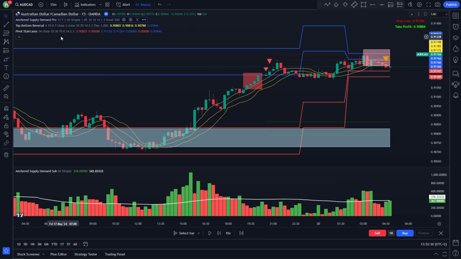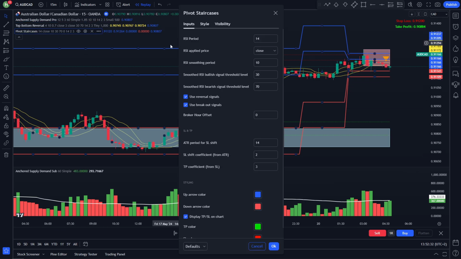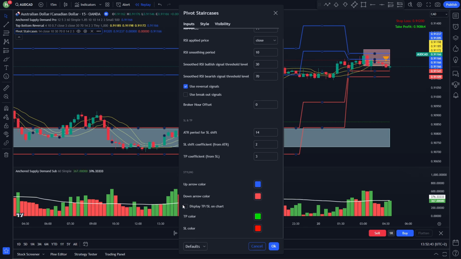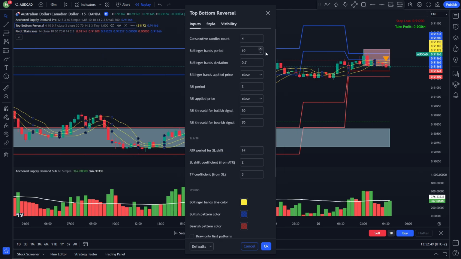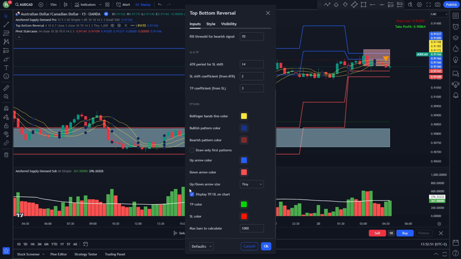Next, for our pivot staircases indicator, we'll only be focusing on reversal trading, so we'll unselect the following box and then also scroll down and uncheck the take profit and stop loss option to clean up our charts. Lastly, for the top-bottom reversal indicator, unselect the following and also change the color of the buy and sell alerts so that you can identify them from the others.